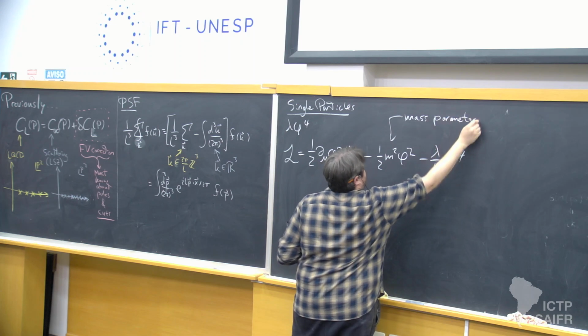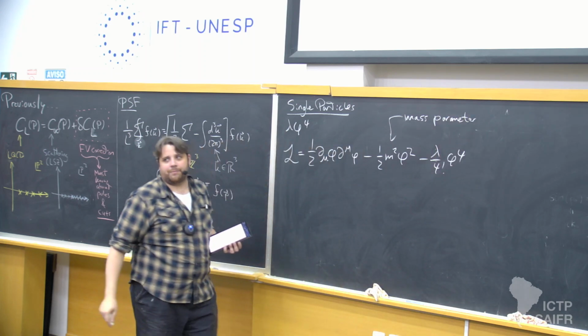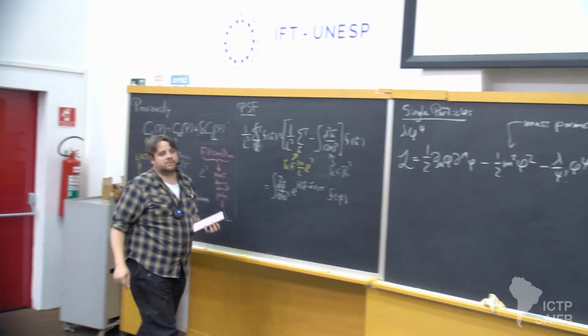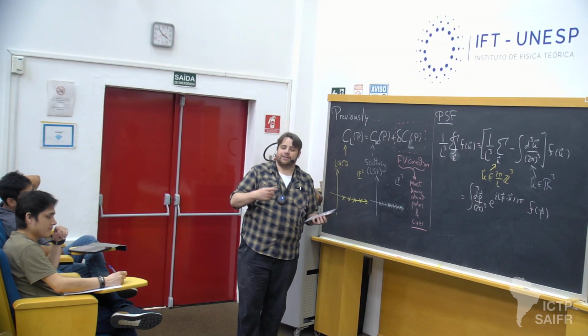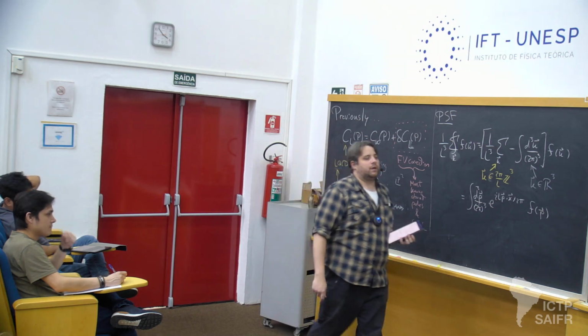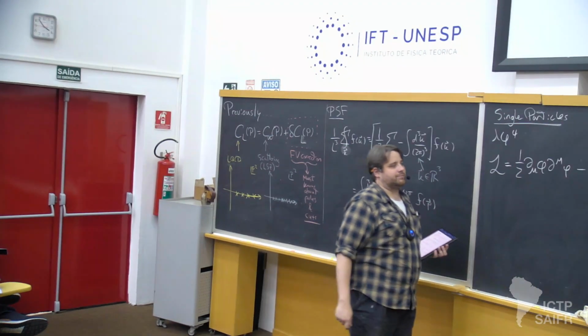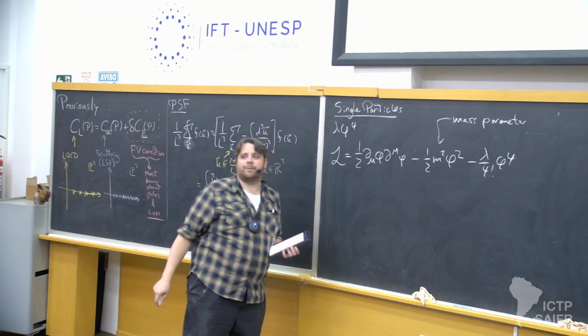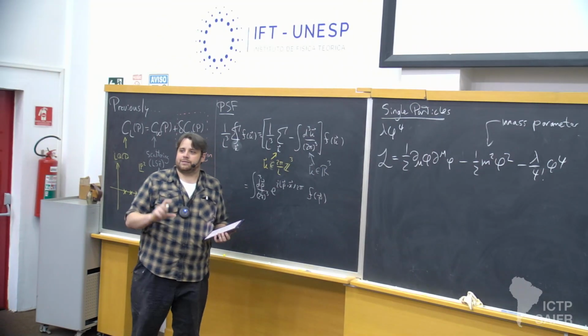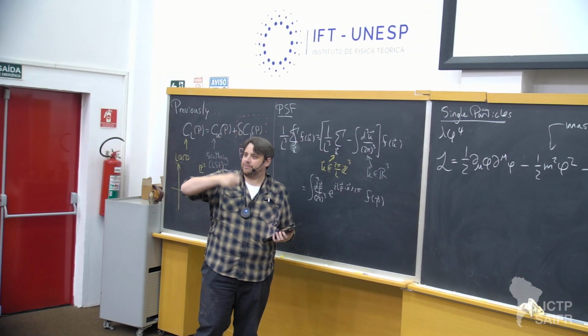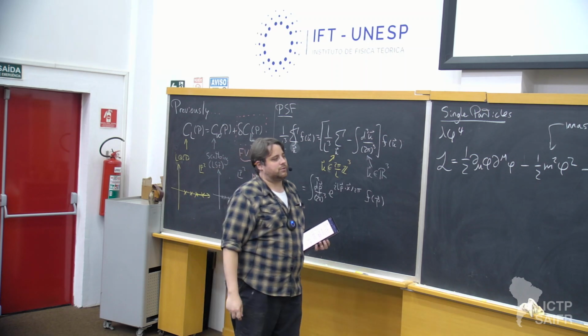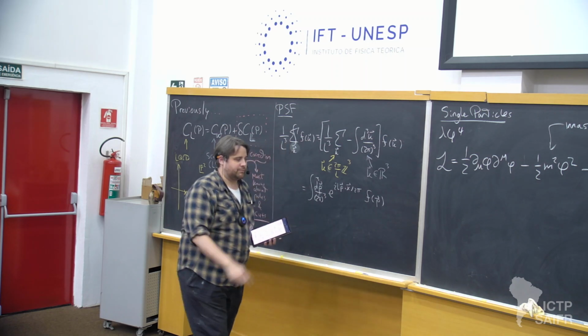So at tree level, we usually think of that parameter as the mass. But as we've seen in the effective field theory lectures, when you start going higher order corrections, you get self-energies and things shift around. So I say here, I'll call this the mass parameter. The true mass is when the 2-point function for the propagator blows up. That's the singular point. So we'll see how to connect that to this quantity here.